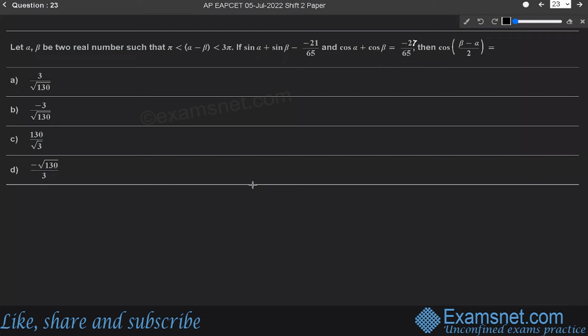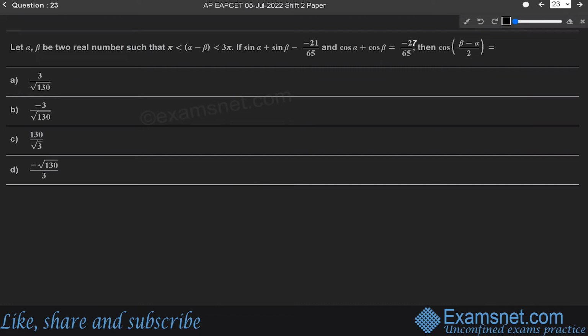Next question is, let alpha and beta be two real numbers such that alpha minus beta lies between pi and 3 pi. If sine alpha plus sine beta is equal to minus 21 upon 65 and cos alpha plus cos beta is equal to minus 27 upon 65, then cos of (beta minus alpha) upon 2 is equal to.